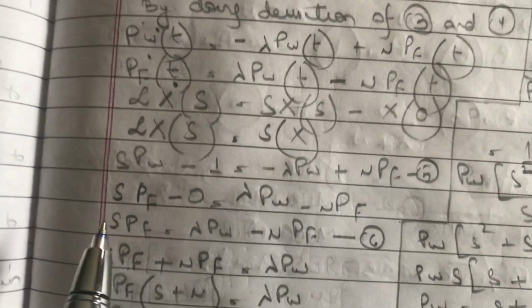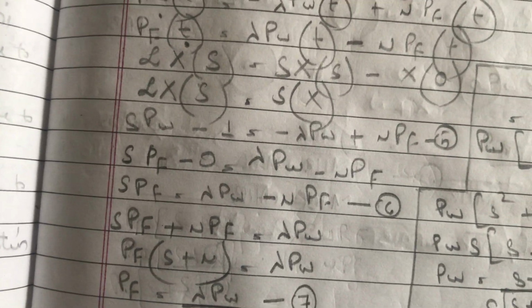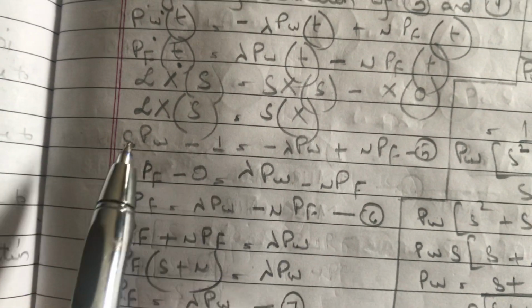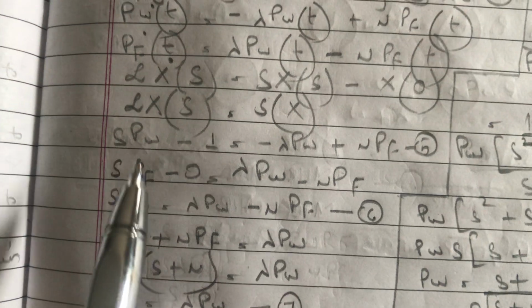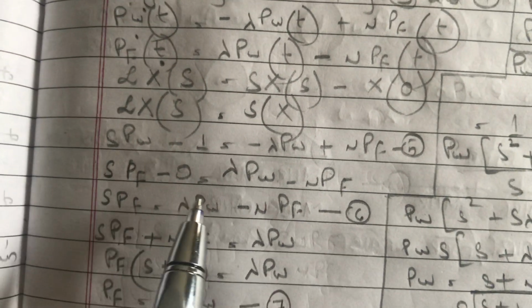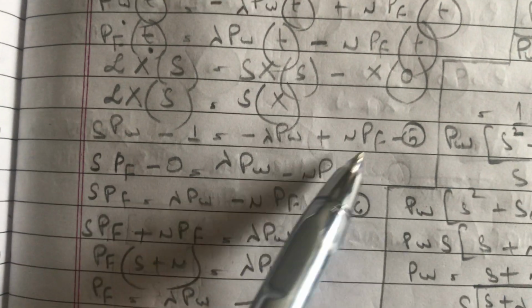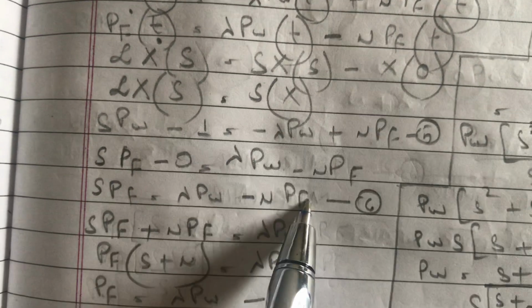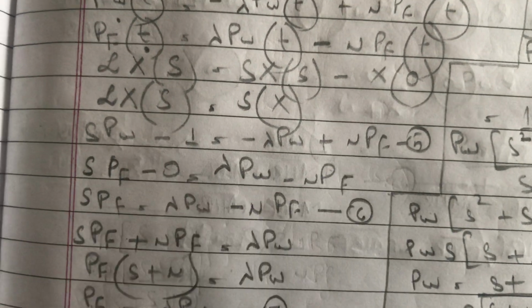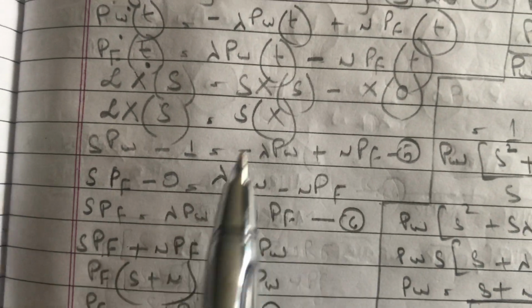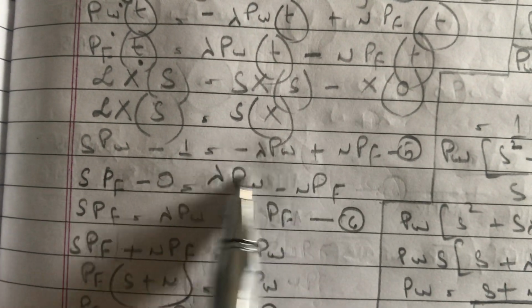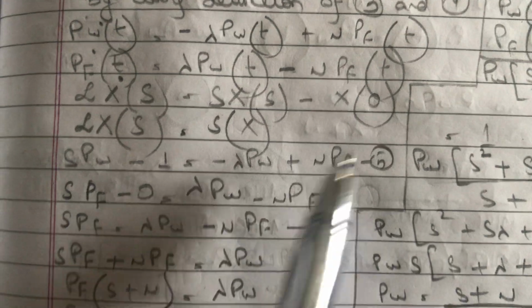Now what is our purpose? We have to bring the values for pw. You can see that in equation 5 and equation 6 we have pf and pf. This pf is irritating us. We have to remove this pf and we want only pw. So how are we going to do this?